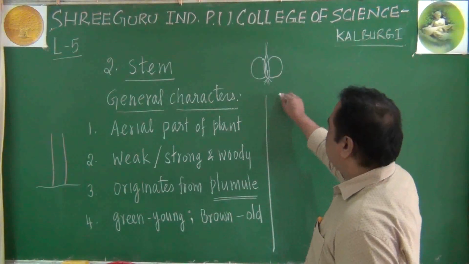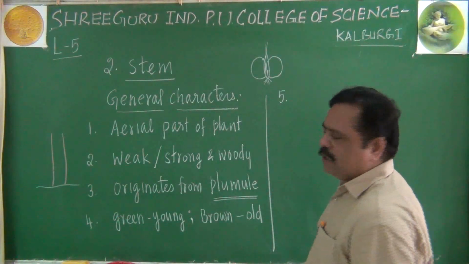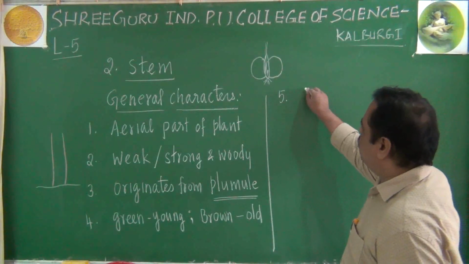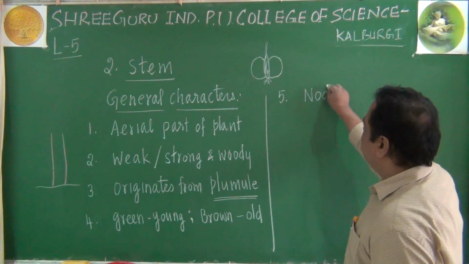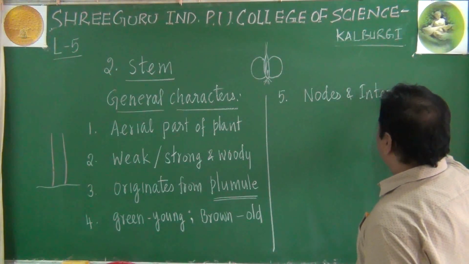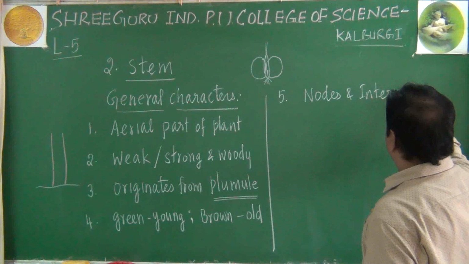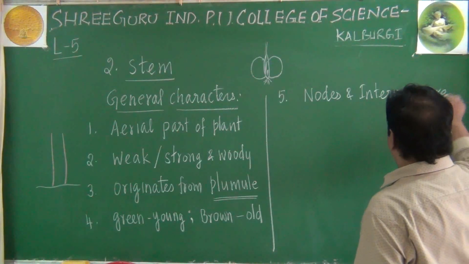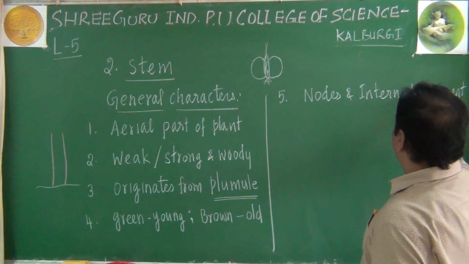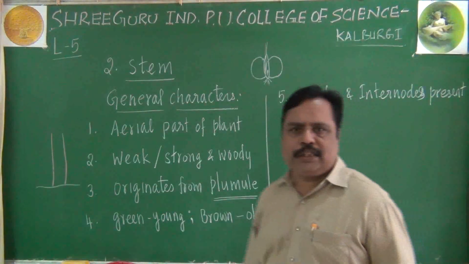Very important, another point we can discuss here is that in the stem, there will be nodes and internodes present. Stem will have nodes and internodes in them. So special structures called nodes and internodes are present in the stem.